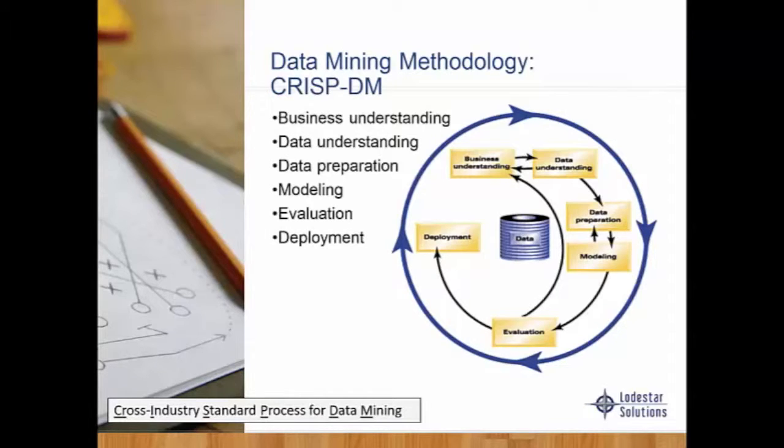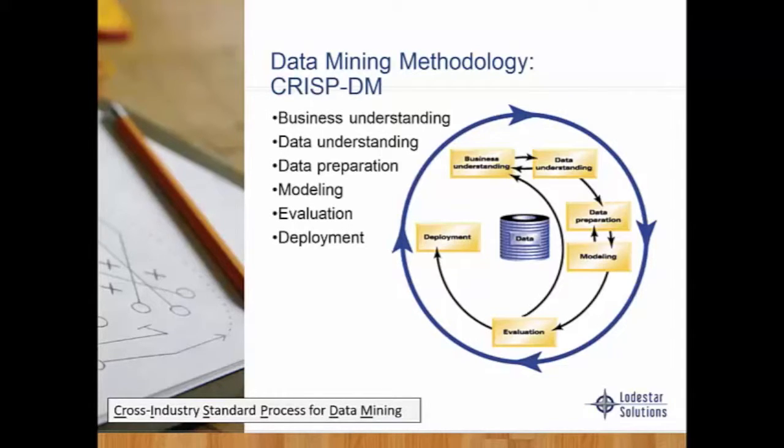So you go back and re-prepare the data, make some changes to it, maybe create new columns, bring more data in, and build a new model. You evaluate your models that you've created, you compare them to each other, and once you've settled on the best performing model, you don't think you're going to get any better for one reason or another, then you deploy the model, and that's where you get the money. The money comes from actually deploying the model. Doing the esoteric exercise of creating models doesn't help until you actually deploy it.